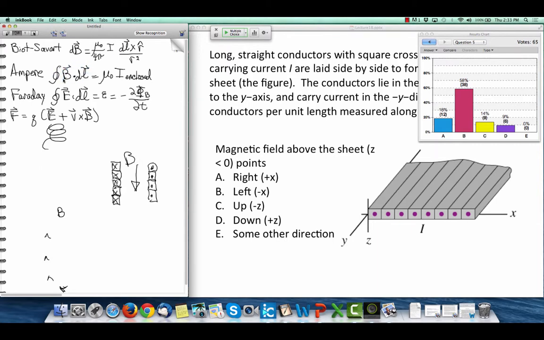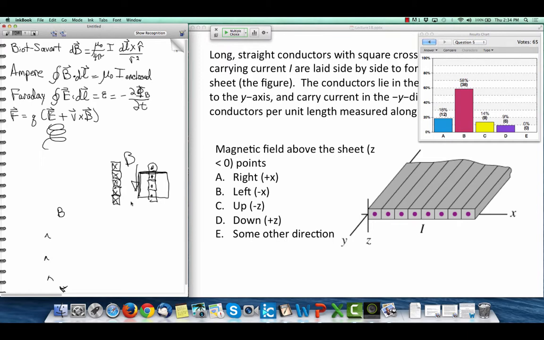And the answer would be a loop that looks like that. Because the top part of the loop has B dot dl equal to 0, because B is perpendicular to dl. Same with the bottom. The right-hand side has no magnetic field, so that's 0. And the left-hand side has all the magnetic field, and it's parallel to dl.